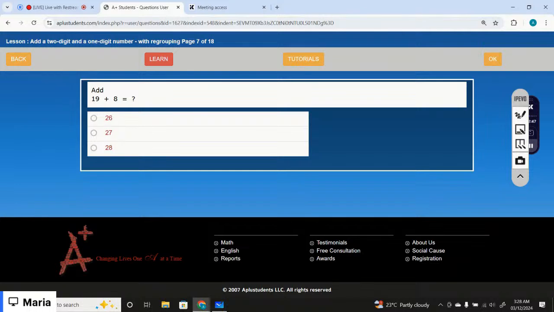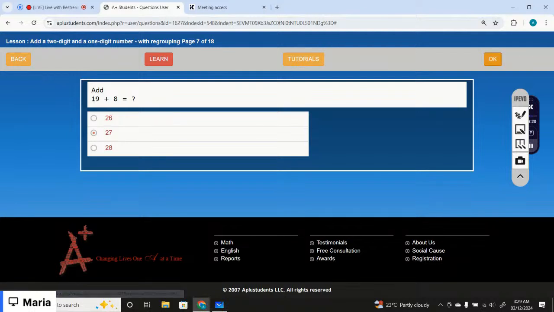19 plus 8, which is the correct option? 27.